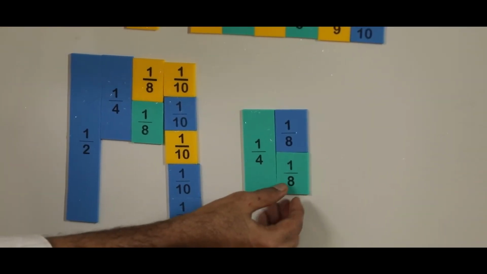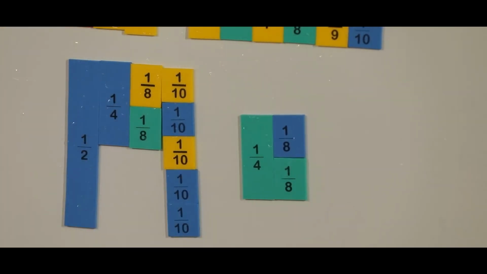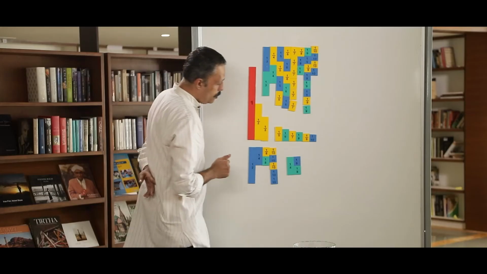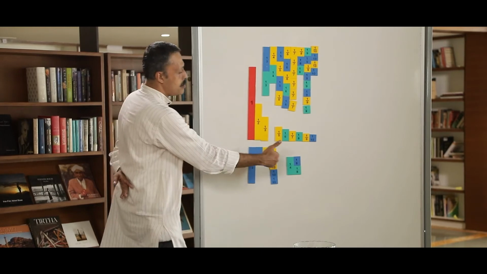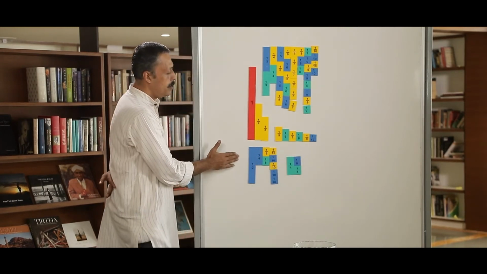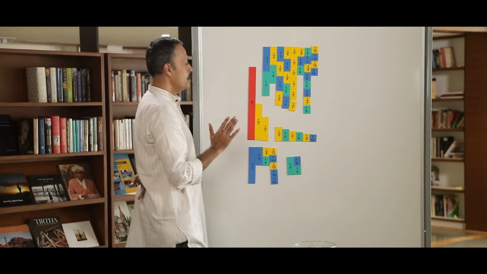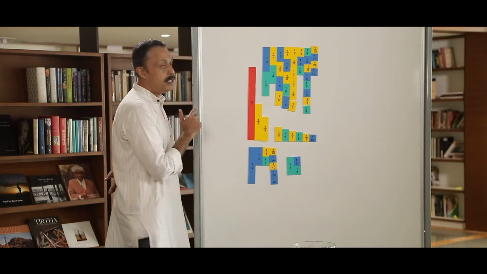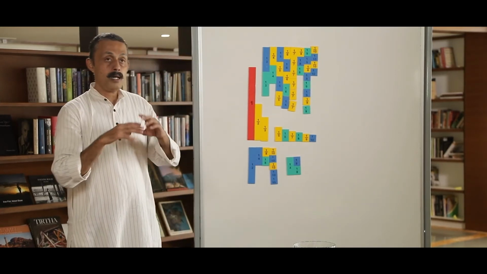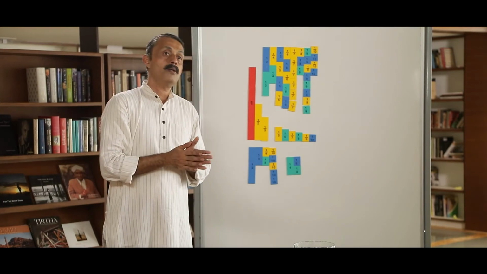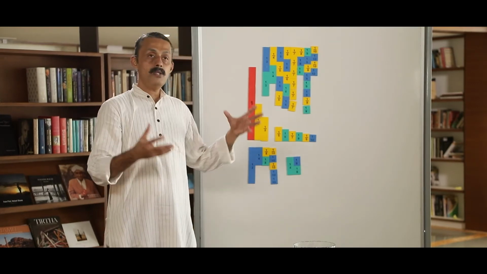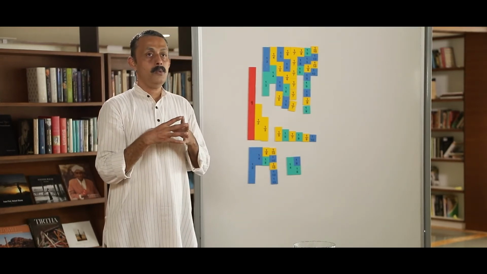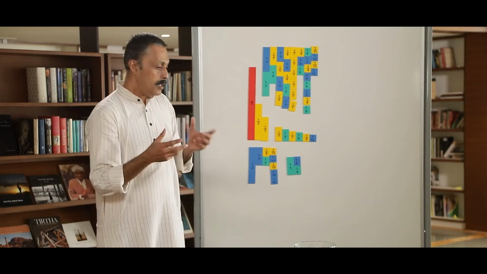We can see here 2 1/8s are equal to 1/4. So this way we can teach about equal fractions to the children. With this technique, the children can learn about fractions based on shapes as well as fractions based on numbers, and they can learn to compare them. They can learn the art of comparison.